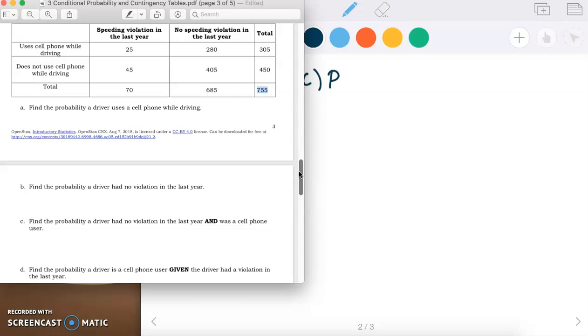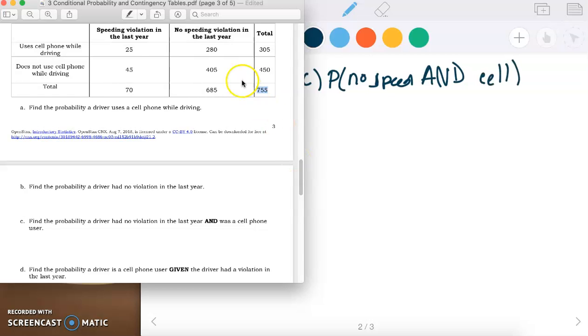So here we're saying the probability that no violation, so no speed, and cell phone user. So where's that intersection? Here, this is the uses a cell phone. So we're going to go across till we find no speeding violation. And that's right here. So that equals 280 divided by the total. Again, it's not a given.